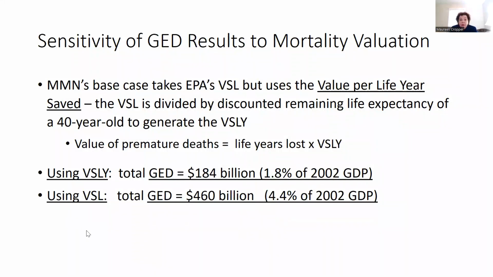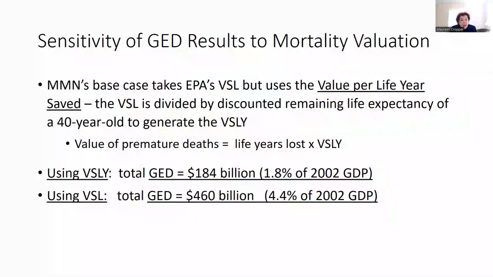When you use their approach, their total damages come out to be the 184 billion that you saw on a previous slide, which was about 2% of GDP in 2002. If you applied the value per statistical life to everybody, regardless of their remaining life expectancy, the damages would be 460 billion, and that would be over 4% of GDP.